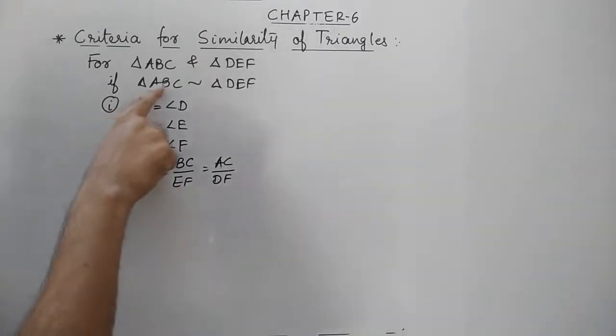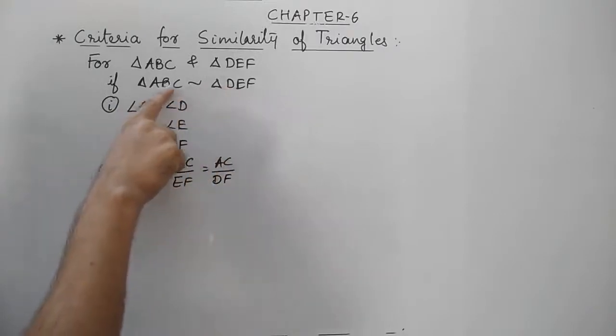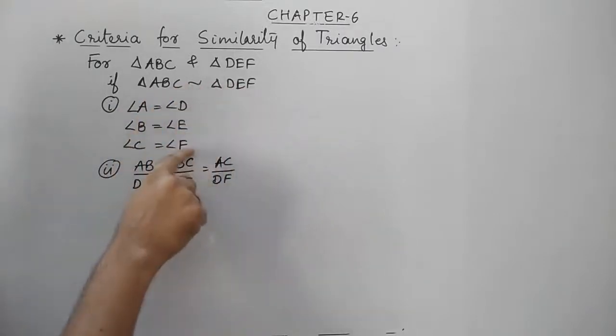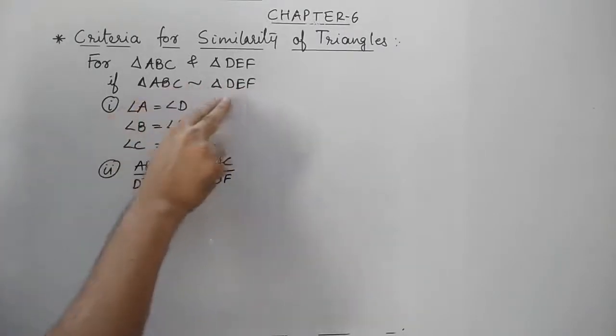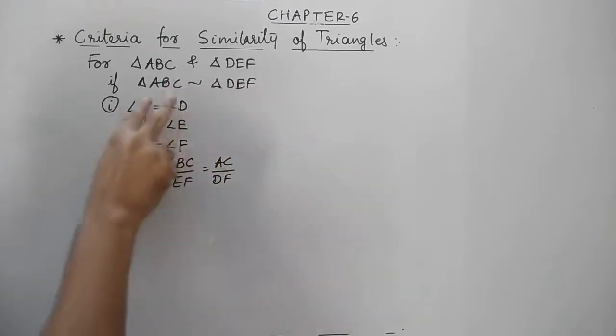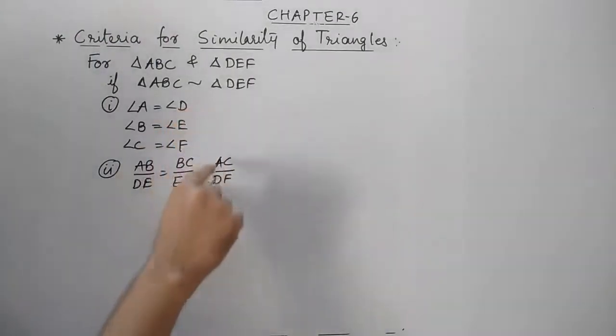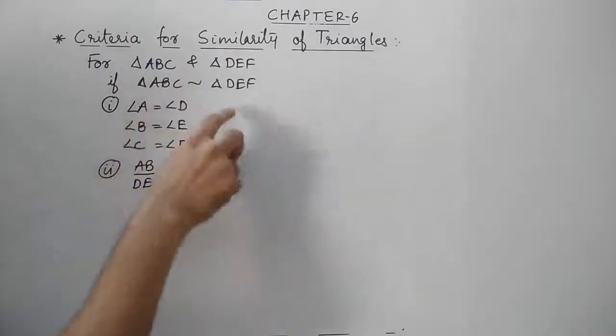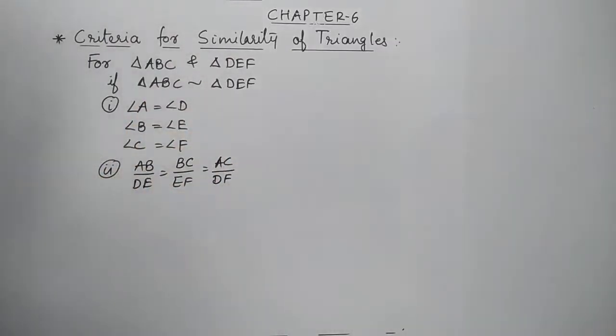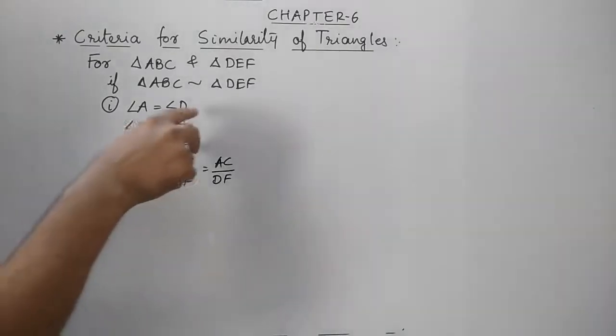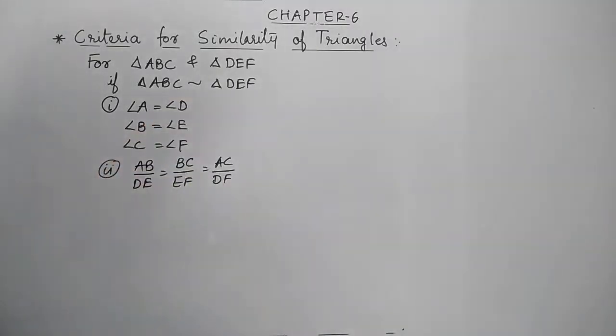So you can say angle A equals angle D, angle B equals angle E and angle C equals angle F. The same way, AB upon DE equals BC upon EF equals AC upon DF. So when two triangles are similar, corresponding angles are equal and sides are in the same ratio.